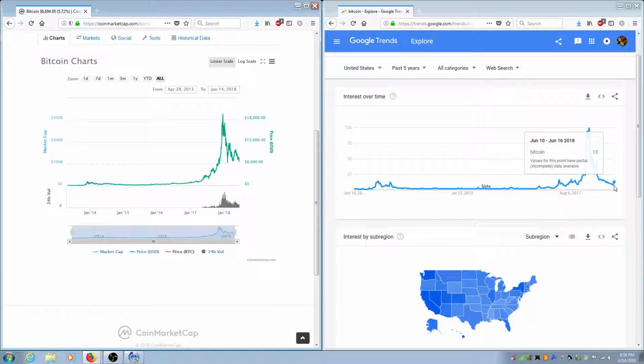Now, I think that's going to be interesting to see if this negative press that's really spiking is going to positively affect the price. I personally don't think so. I know a lot of people are going to disagree with me on this, but the majority of the news about Bitcoin in the last 5 years, up until very recently, like this week, is that Bitcoin is going up in price.